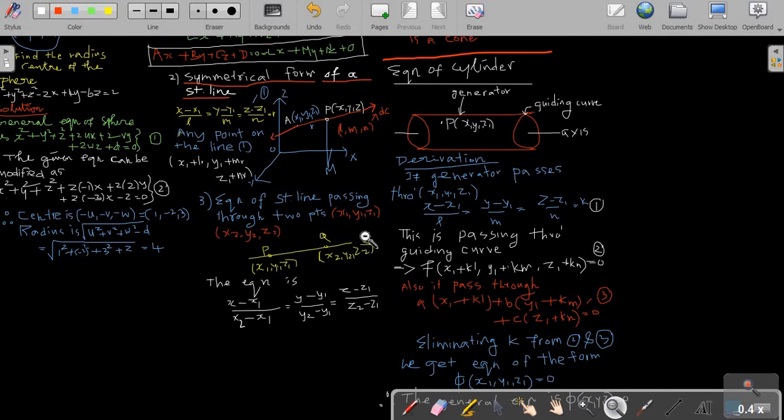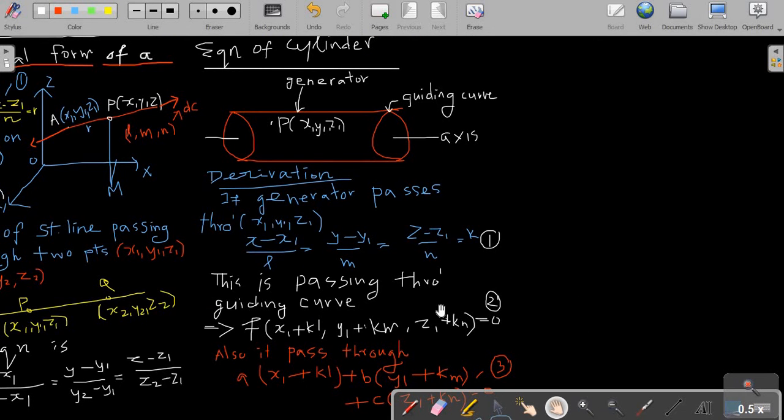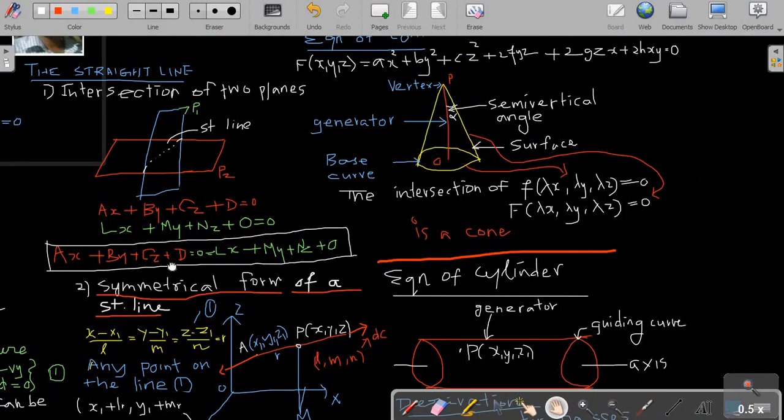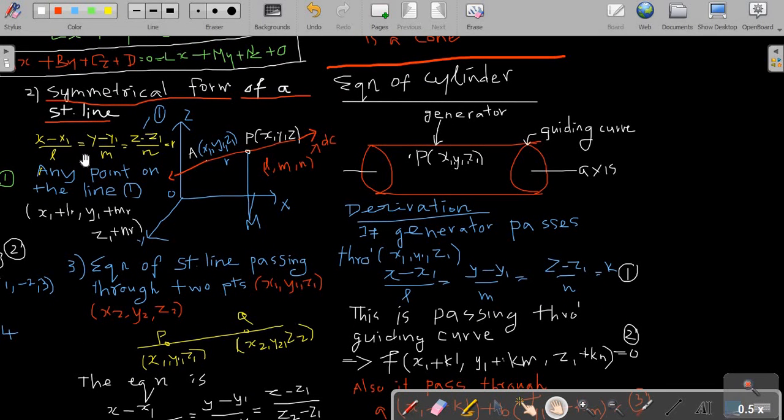Okay, so this is what we studied just now, the different ways we can write it. Now the intersection form of the straight line is ax plus by plus cz plus d equals 0, equals lx plus my plus nz plus o equals 0. That is the intersection of the 2 planes. The second form is the symmetrical form: (x minus x1) divided by L equals (y minus y1) divided by m equals (z minus z1) divided by n equals r.